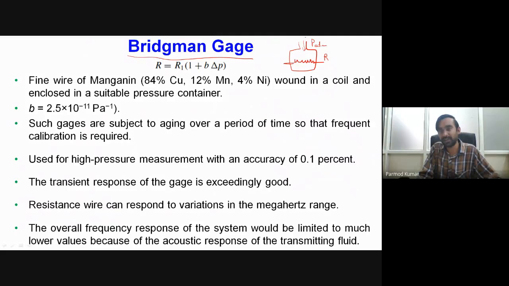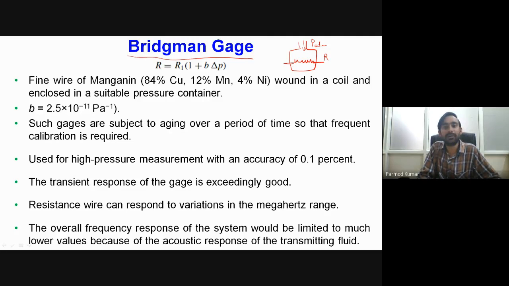Now if we pressurize this to any pressure more than atmospheric pressure, because of the change of pressure there will be a change in resistance of this wire. That change in resistance of the wire can be directly related to the amount by which we have increased the pressure.